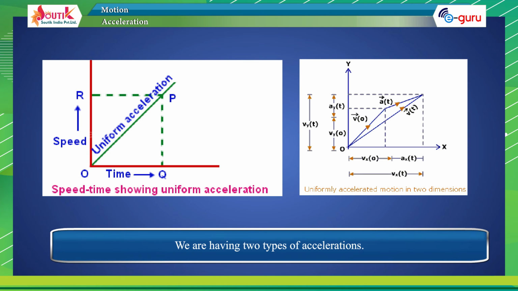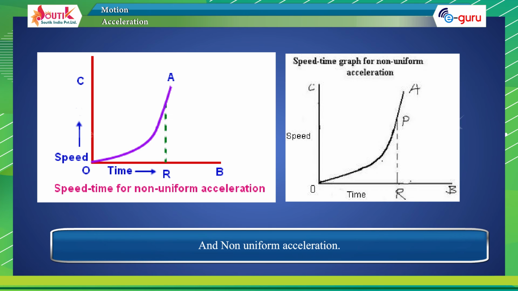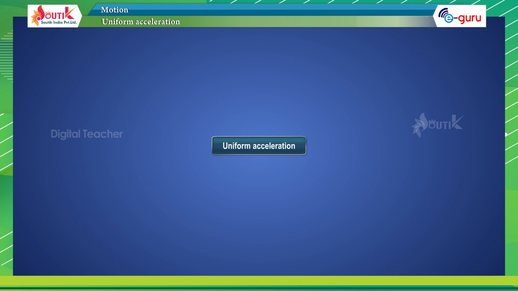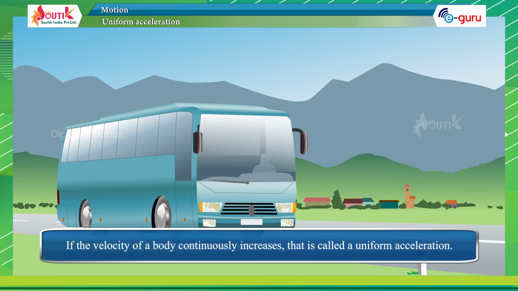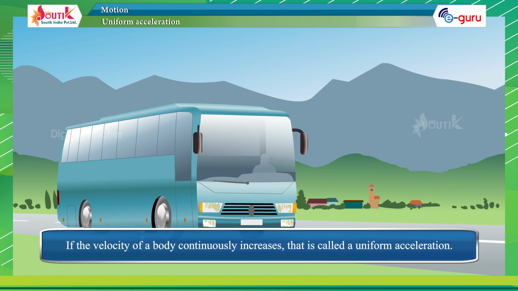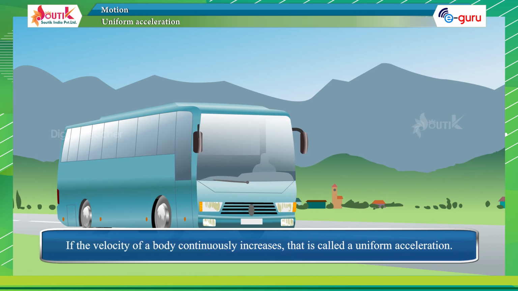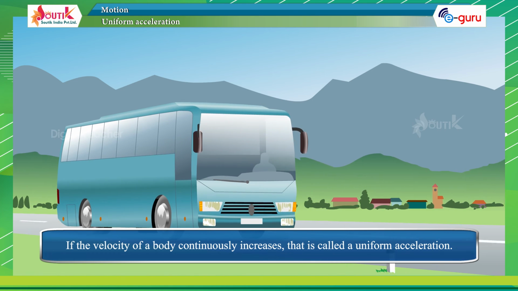We have two types of accelerations: uniform acceleration and non-uniform acceleration. Uniform acceleration: if the velocity of a body continuously increases at a steady rate, that is called uniform acceleration.